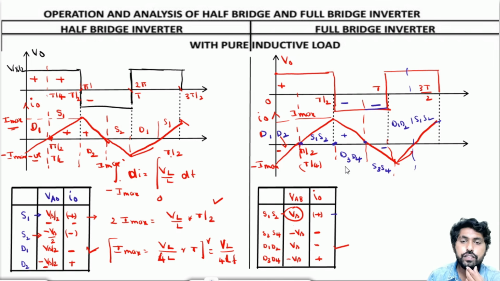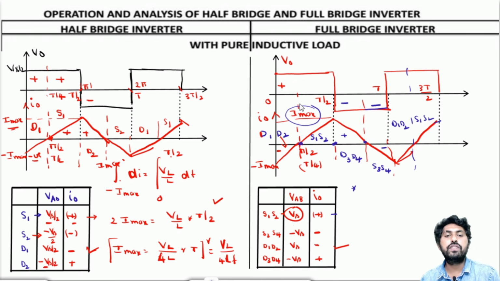Now let us find the maximum value of the load current, I max. How can I find the I max? Integration of di equals integration of VL by L into dt.